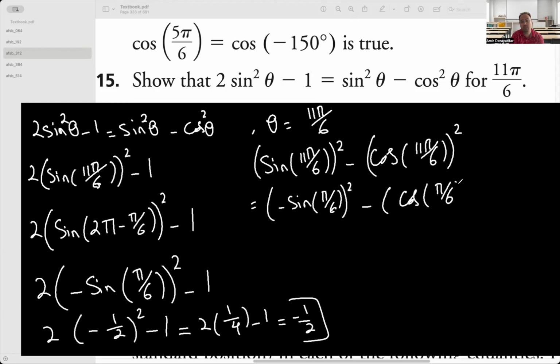Same thing, because in quadrant 4, cosine is positive anyway. So that would be negative 1/2 squared, which is going to be 1/4, minus 1 squared.